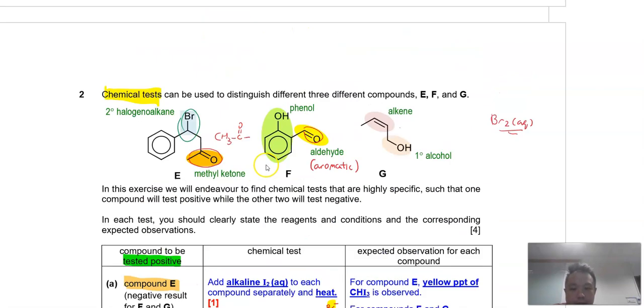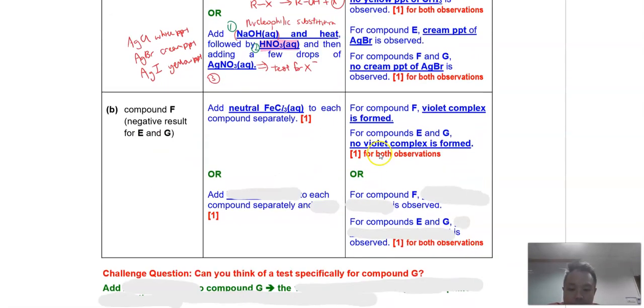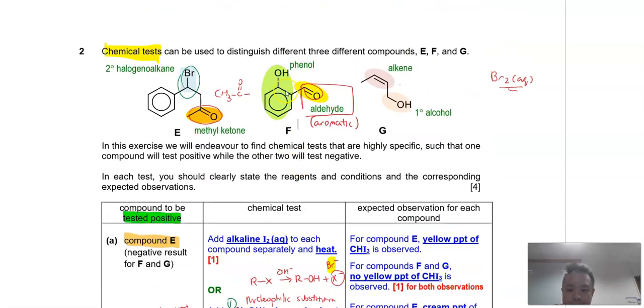For F, another test possible will be to target the aromatic aldehyde. What test can be used for aldehyde, because in E there's no aldehyde, and in G there's also no aldehyde? In this case, I can use the Tollens reagent to test for it. So I will get my silver mirror for F, whereas there's no silver mirror for E and G. Naturally, you will have a question whether we can add Fehling's.